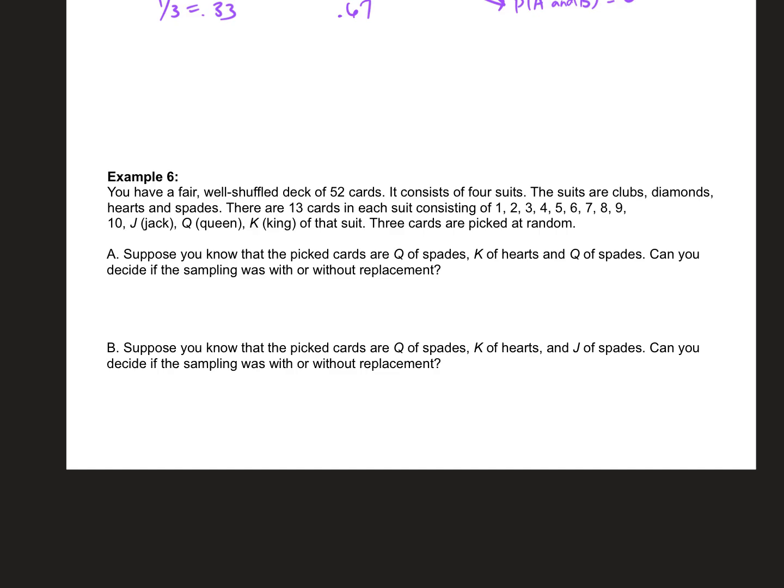Without would be I draw a card, and I keep it. So with replacement, how do you know? Otherwise, you couldn't have gotten the same card twice because there's only one of them in there. So with replacement, because Queen of Spades was chosen twice.